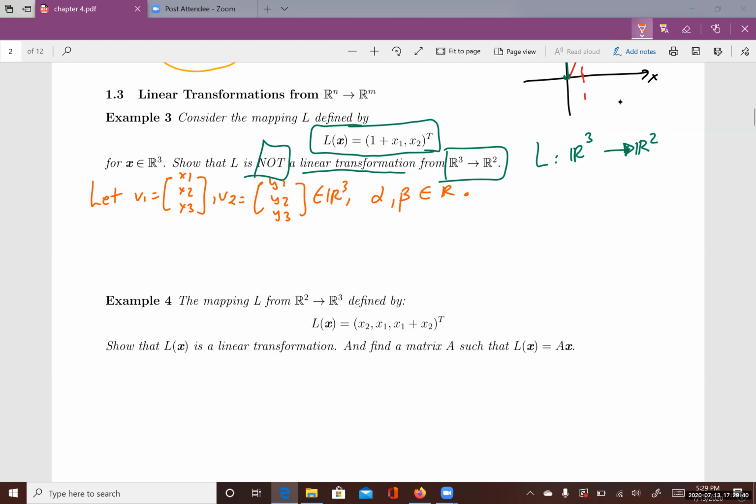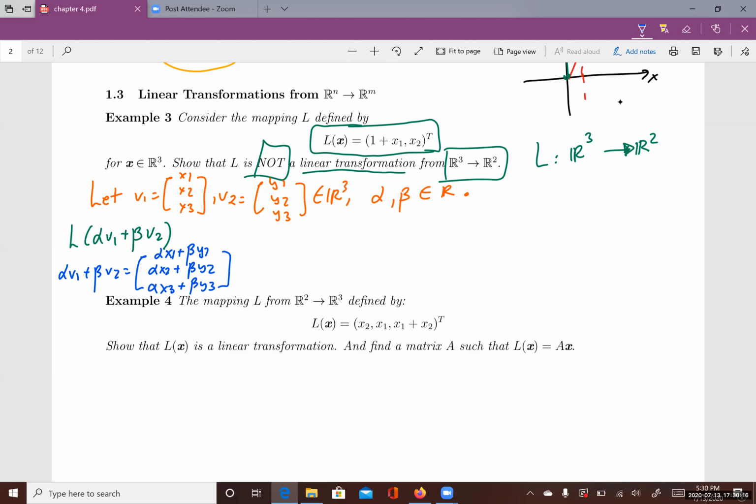Then I'm going to start from the left side, which is L(alpha v1 plus beta v2). And we know that alpha v1 plus beta v2 equals (alpha x1 plus beta y1, alpha x2 plus beta y2, alpha x3 plus beta y3).